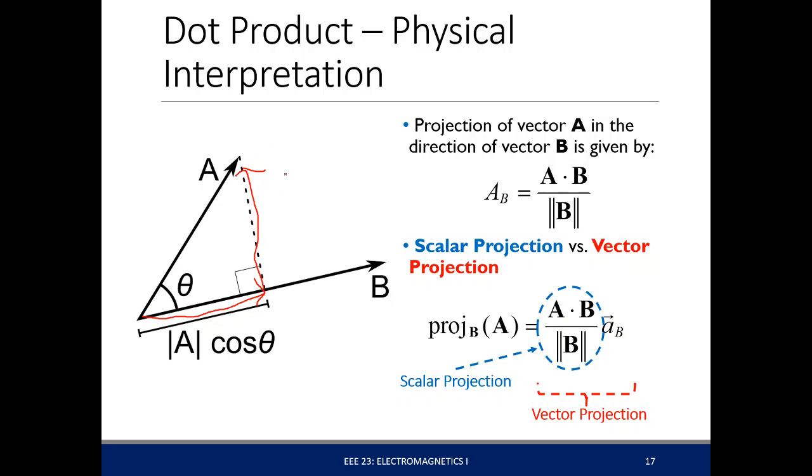Okay, so let's write A as some value which is in the direction of B plus some value that is normal, or orthogonal, to the direction of B. Let's say this is x A_B and y A_N. So if you get the dot product of A and B, there you go.